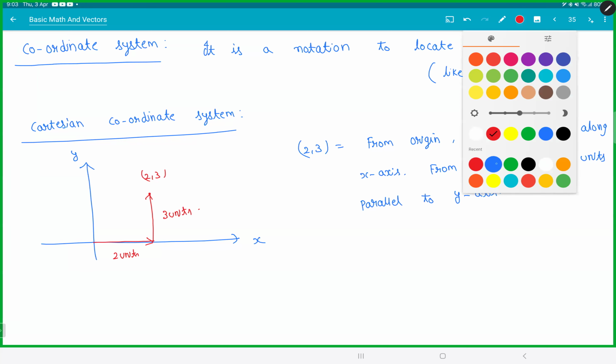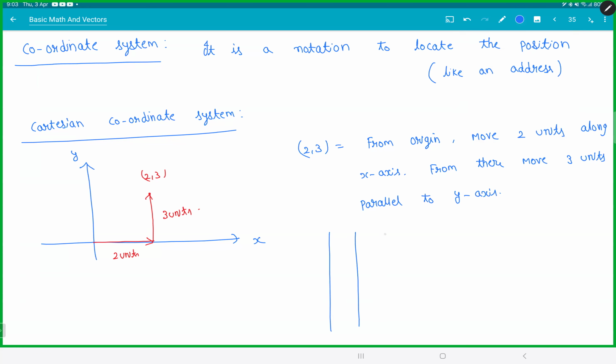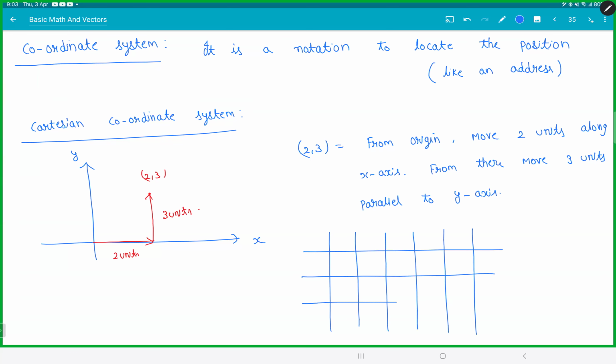Now in Cartesian coordinate system, whenever you want to go from one point to another point, you can't go however you want. Let's say you want to go from this point A to this point B. You can't just break through the middle and go like this. This is like some kind of road network.